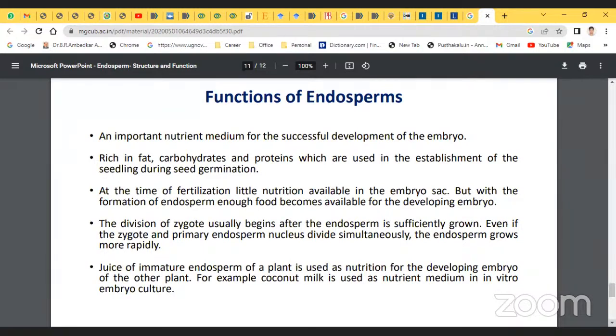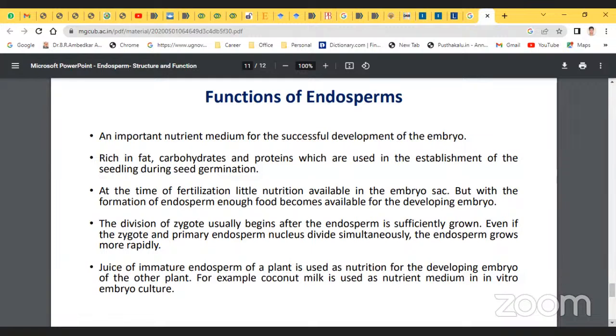So next, functions of the endosperm. What are the functions of endosperm? An important nutrient medium for the successful development of the embryo.